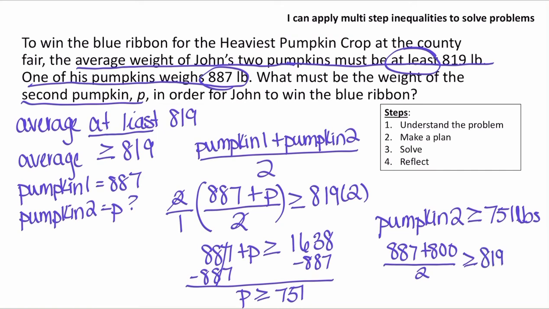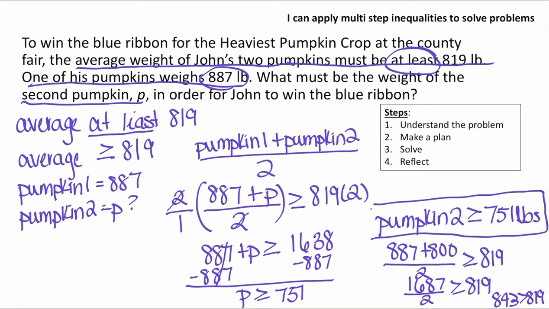On our calculator, 887 plus 800 gives you 1687, divided by 2 is 843, and 843 is bigger than 819, so that solution does work. So pumpkin 2 has to be bigger than or equal to 751 pounds.